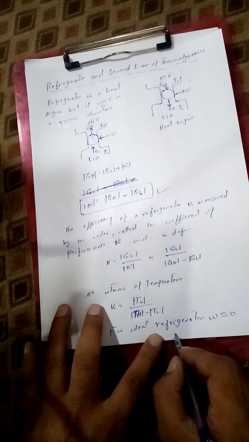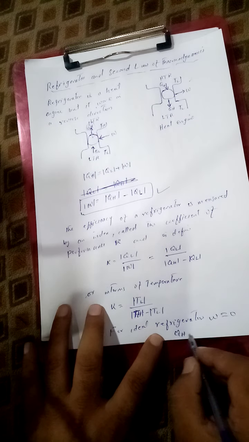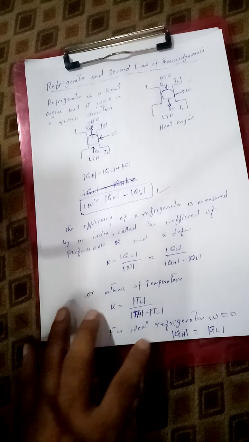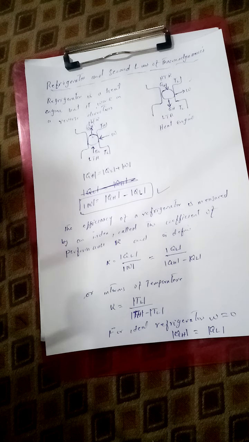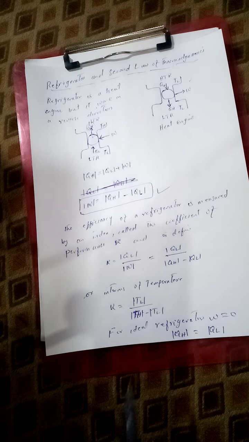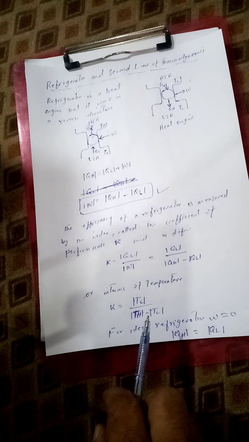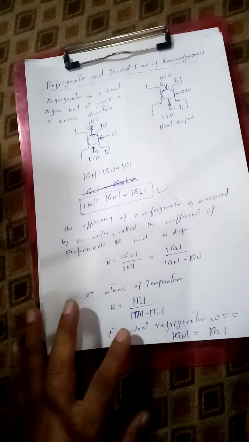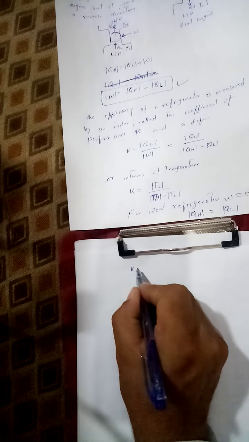Then QH, the heat taken by the high temperature reservoir, will be equal to QL, the heat given by the low temperature reservoir. This is for an ideal refrigerator. Now the coefficient of performance of such a refrigerator will be infinite, because TL over 0 gives infinity.